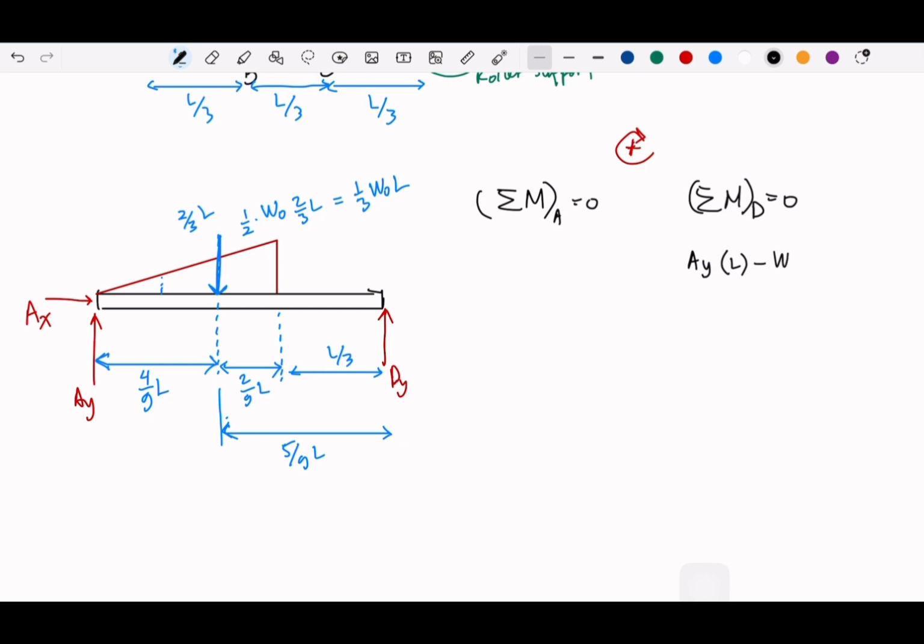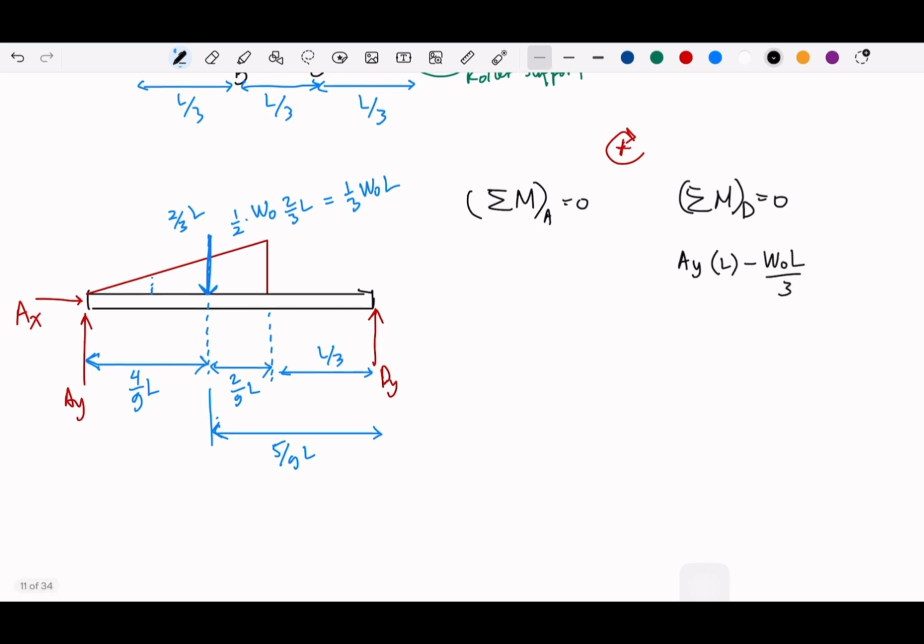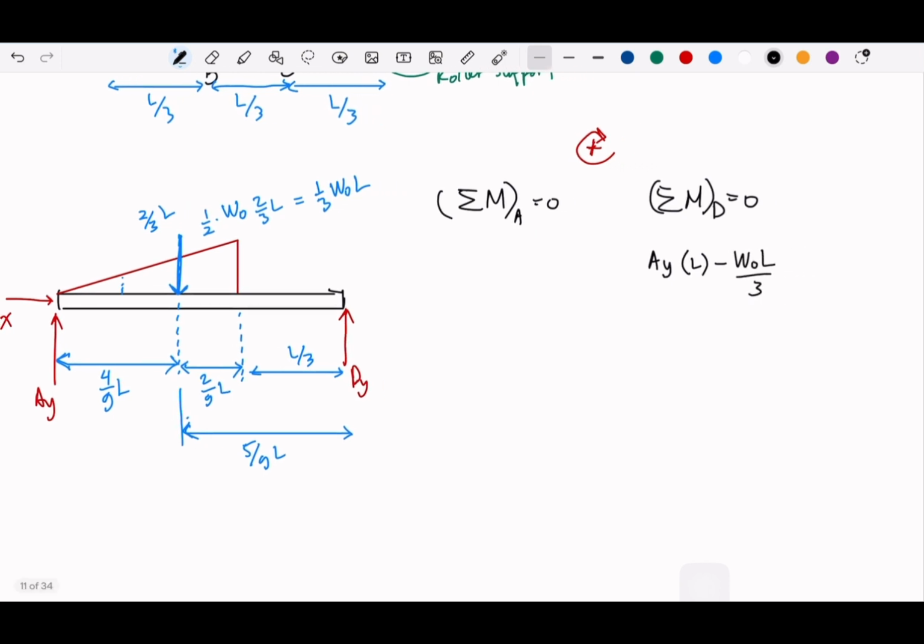And minus this resultant from the distribution, multiplied with 5/9 L, is equal to 0. L is cancelled here, so AY will be 5/27 W0L, right?